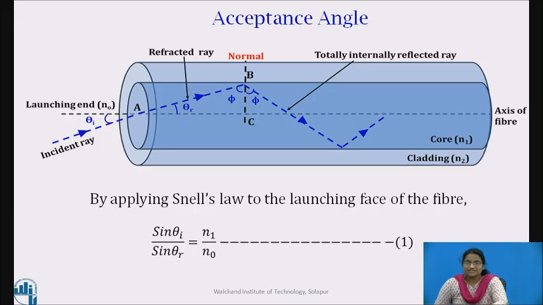So, the largest value of theta I occurs when phi is equal to phi c. Dear students, please note this correctly, that the largest value of theta I occurs when phi is equal to phi c. Now let us move to the next steps.